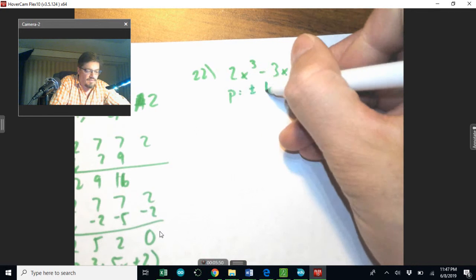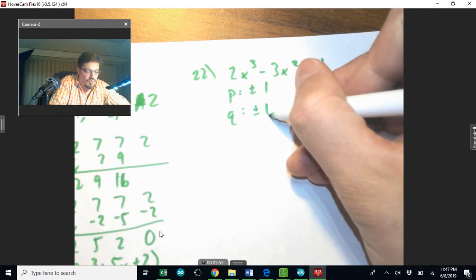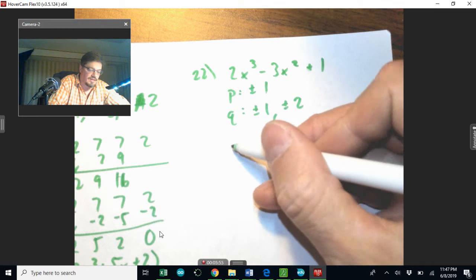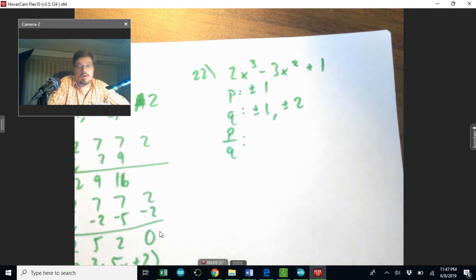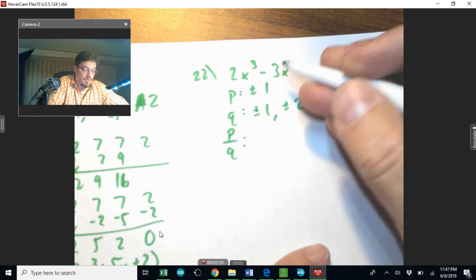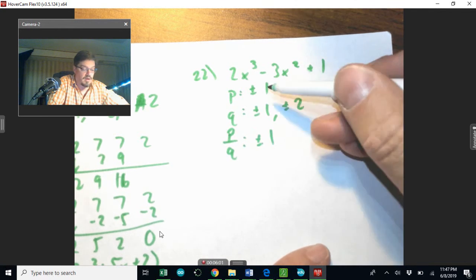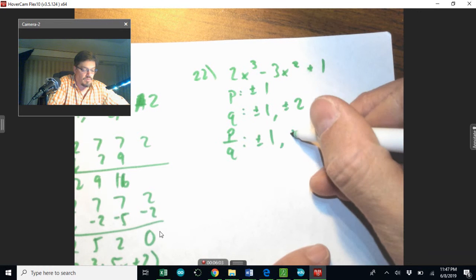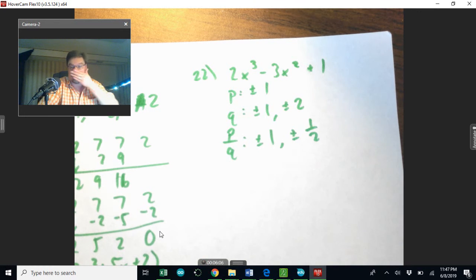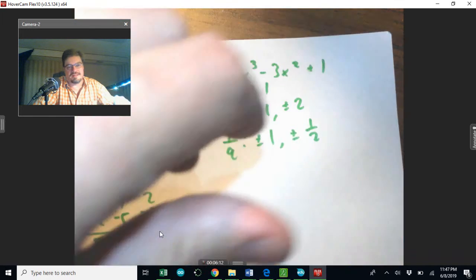The p is just 1, the q is 1 and 2, so it looks like p over q would be 1 over 1, which is 1, and then 1 over 2, which is 1/2. So I only have 4 possibilities. Now if you notice though, you'll see there are things called multiplicities.